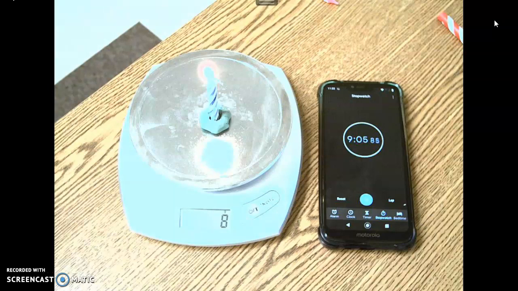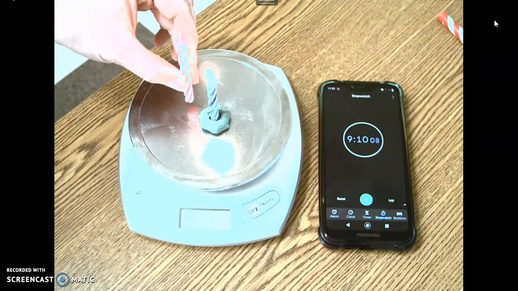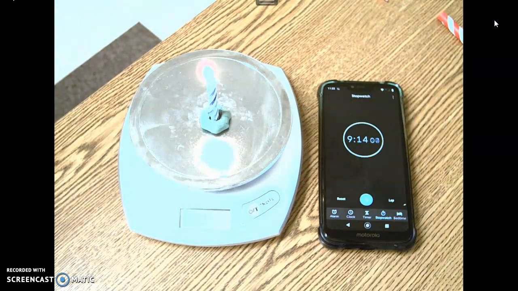As you can see, our candle has gotten quite a bit shorter, even just since that last minute. It looks like it's about maybe 2.5 inches tall at this point, but quite a bit of wax pooling at the bottom. When we get to 10 minutes, I will have you record, and then we will stop the video, and you will have to pick this up in the part 3 video.